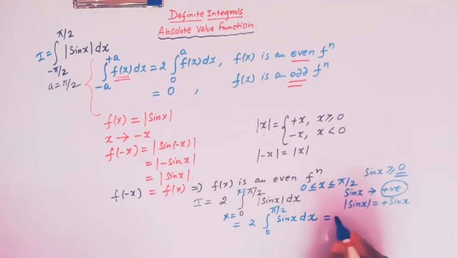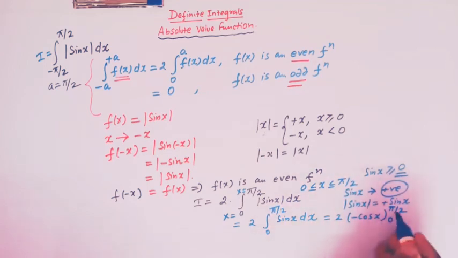The integral of sin x is minus cos x, and the limits are from 0 to pi by 2. Now we can simply substitute the values x equal to 0 and pi by 2 and take the difference.